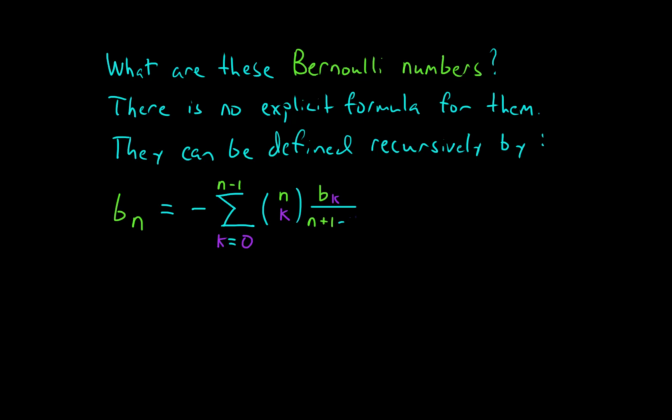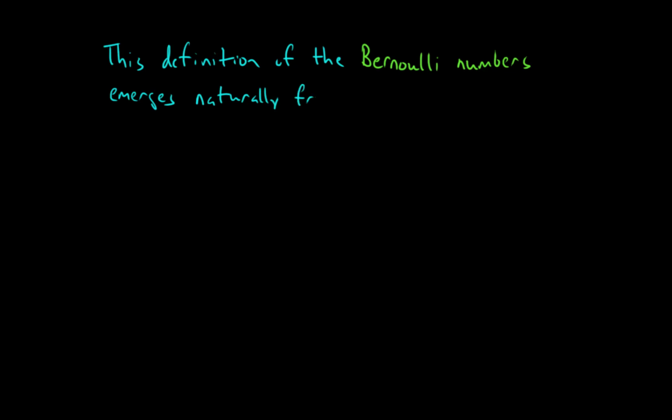Now that might look like something out of left field, but this definition actually emerges naturally from the way that we constructed the c sub n in our development of the Euler-Maclaurin summation formula.